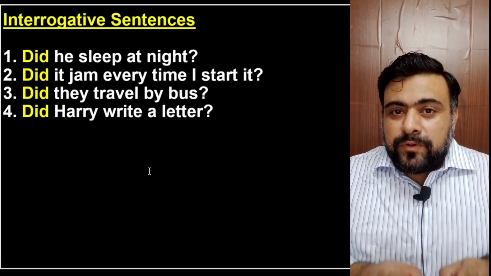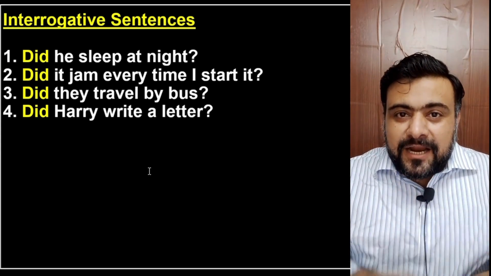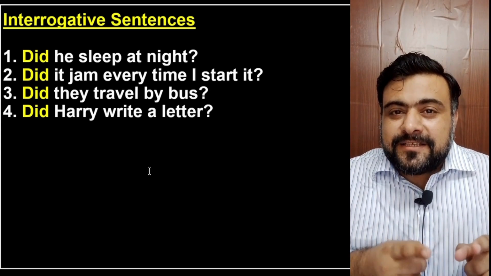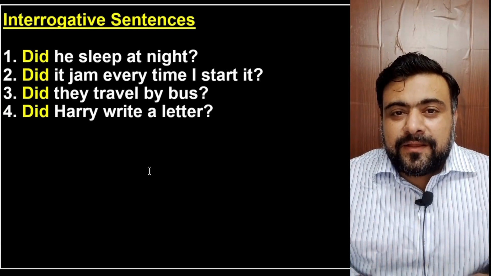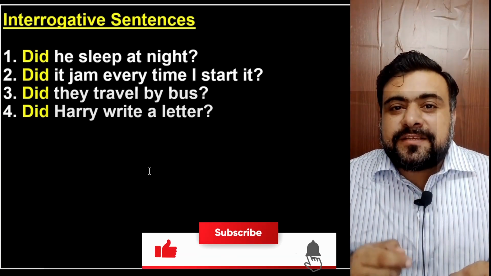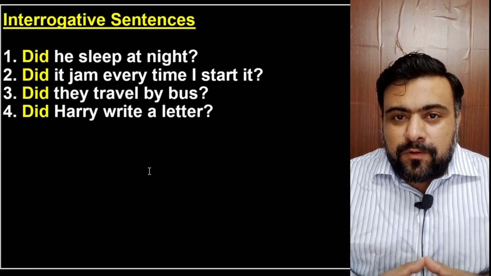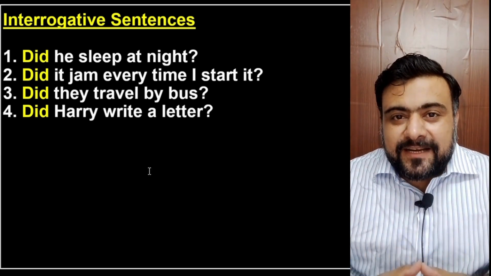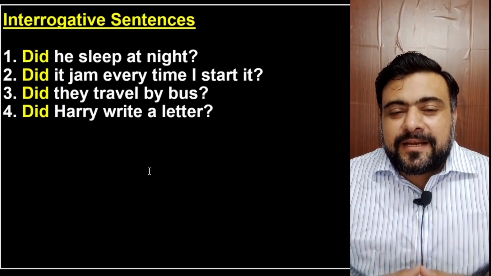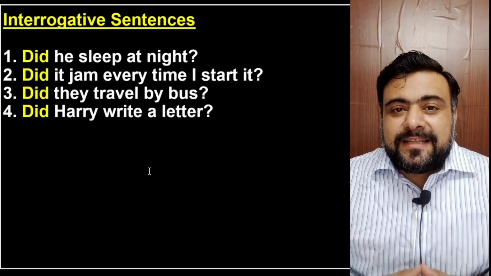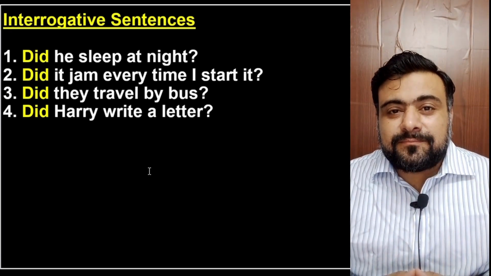Again, once we add did at the start of the affirmative, then we have to revert the second form of the verb back to its first form. The affirmative was he slept. Slept, the second form of sleep. He slept at night. The question will be, did he sleep at night?